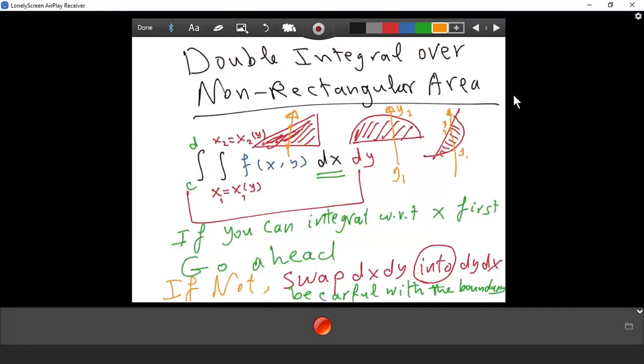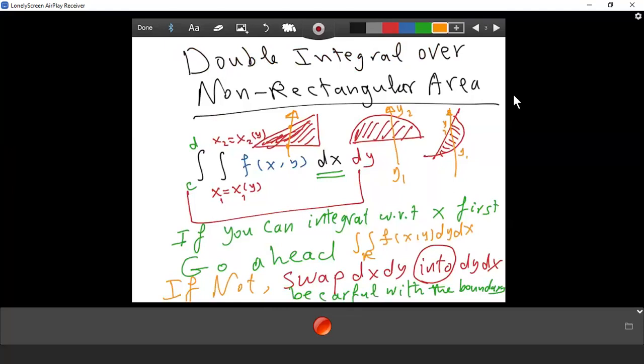Before I go to polar coordinates, if I have dy by dx, okay, this is up to the region.